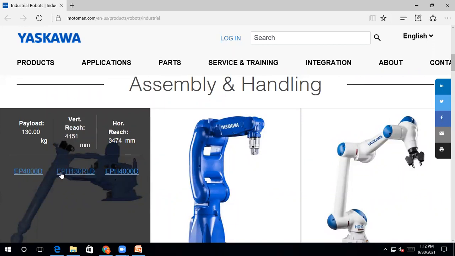Then EPH130RLD: its payload is 130 kg, vertical reach 4151 mm, horizontal reach 3474 mm. Now this EPH: its payload is 200 kg, vertical reach 2629 mm, horizontal reach 3505 mm.